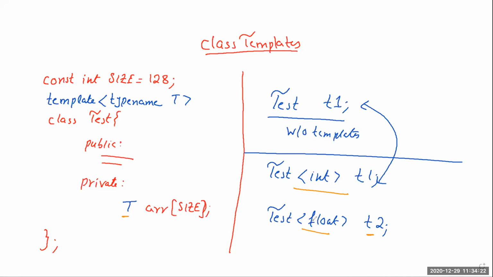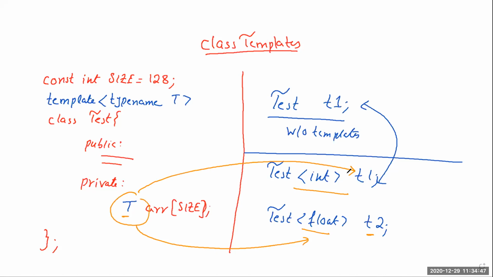So when you create T2, this T will be replaced by a float. So there are two objects of my class test, T1 and T2. T1 has an array of integers as its data member, while T2 has an array of floats as its data member. So you see, it's a very, very powerful concept.